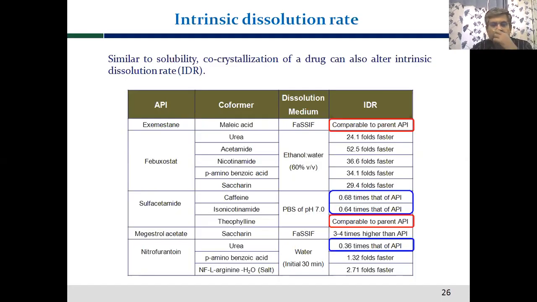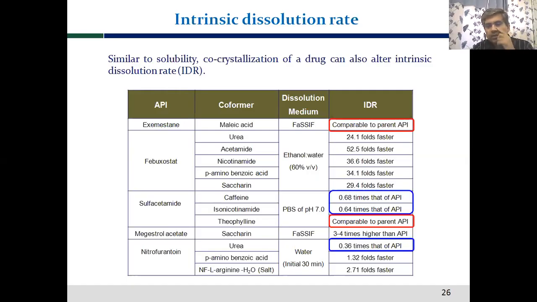Febuxostat, as you know, is a drug that is used for treatment of gout, and it is a BCS class 2 drug. Similarly, in the case of sulfacetamide, co-crystals with caffeine and isonicotinamide reduce the IDR, whereas that with theophylline improved the IDR. Similarly, there are two other examples of megestrol acetate and nitrofurantoin given in this particular table.